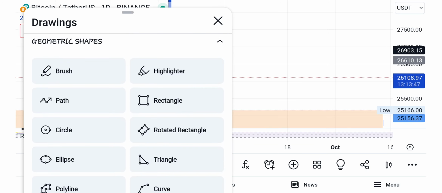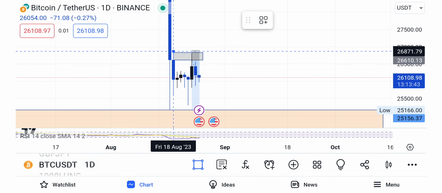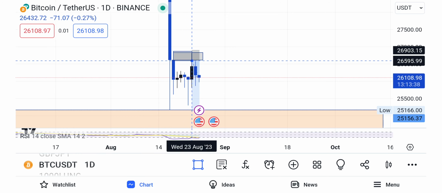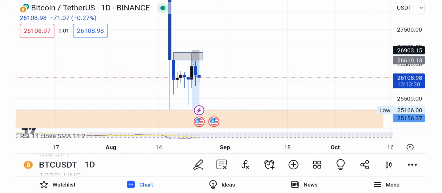Let me use a rectangle to mark it out. I spotted out this zone here, okay? This zone here. And then I extended it, because this is a higher time frame, so definitely it's a key zone. Now, if you look at it, this is where I started taking my decisions from.